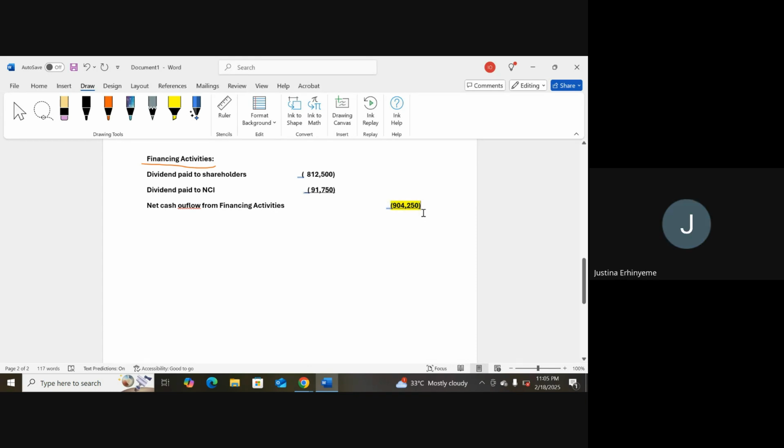Is it positive or negative? Positive, that is an increase. You call it increase in cash and cash equivalent.